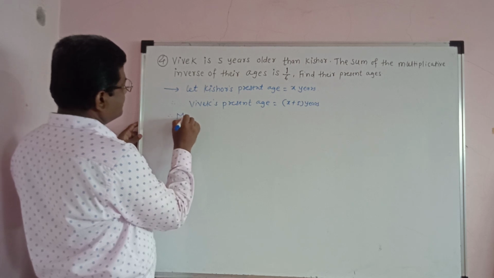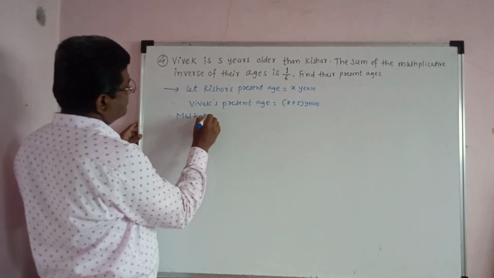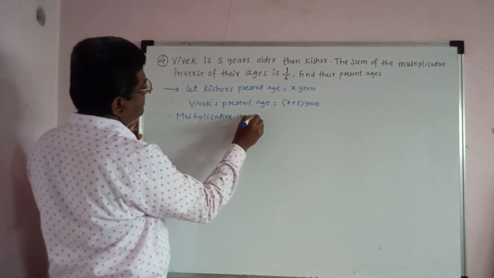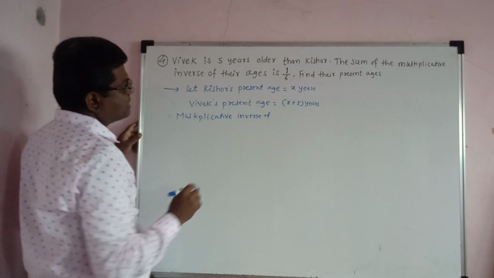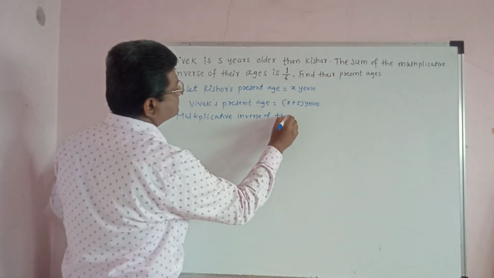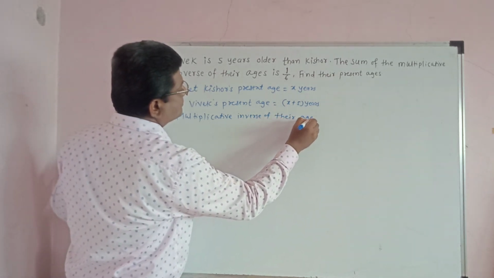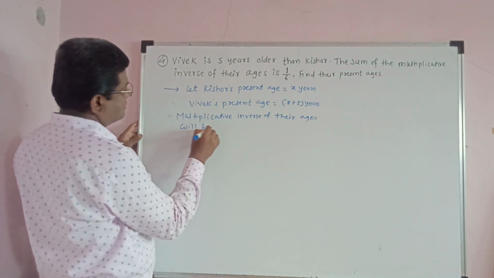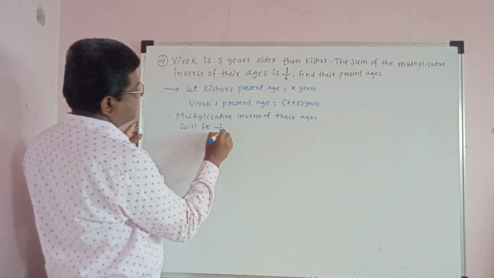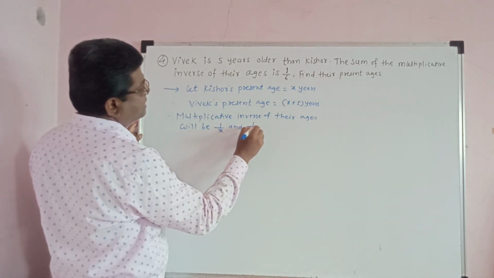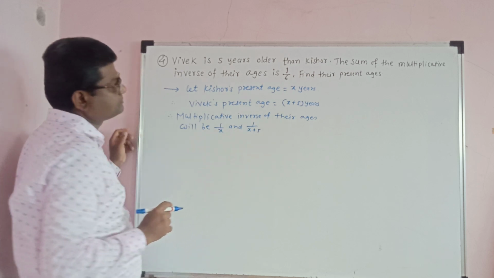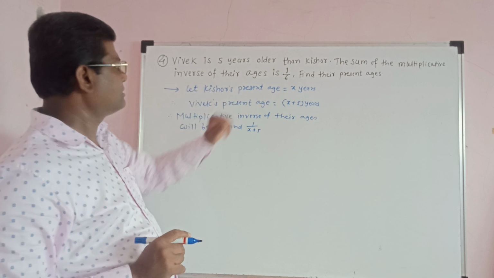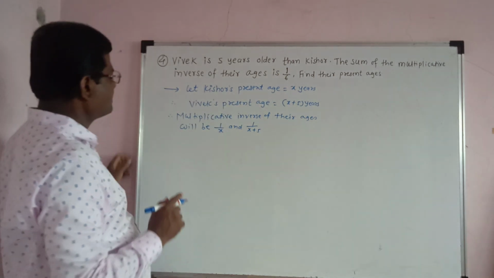Therefore, the multiplicative inverses of their ages will be 1/x and 1/(x plus 5), and the sum of the multiplicative inverses is 1/6.